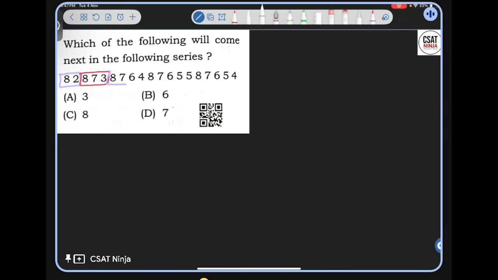Okay, 3, 4, 5, 6. Every term there is one increase. I have 2 here, I have 3 here, I have 4 here. Next will be 5, and next will be 6. That means something is missing here.